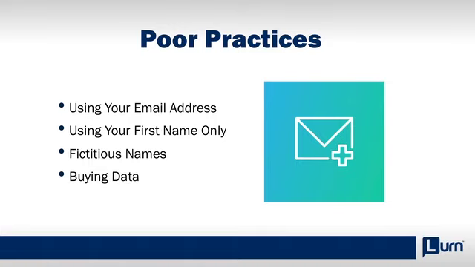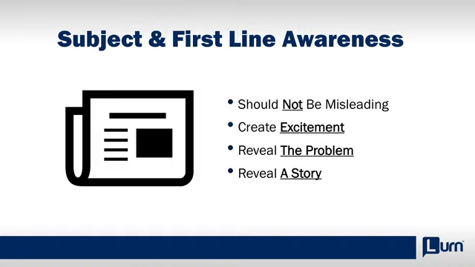All right, the next part is subject line and first line awareness. Did you know 33% of people open emails based on their first subject line? The reason is because you need to entice people, right? Enticing people is getting them excited, getting them aware, getting them alert, getting them to want to open that email. Now, here's the things that you got to make sure that you're doing that's really, really important, okay?